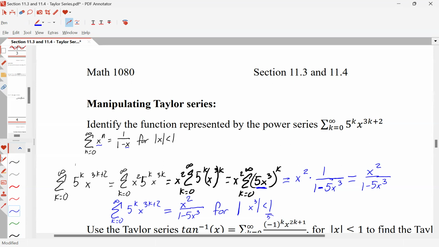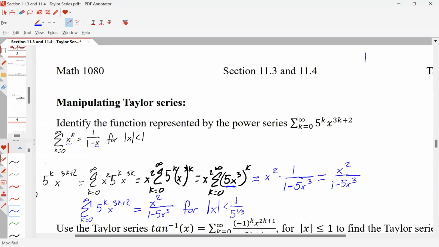And we can take the cube root to get x is less than the cube root of 1/5. I'll write that out on the side again. We have 5x^3 being less than 1. So x^3 is less than 1/5, or x is less than the cube root of 1/5.